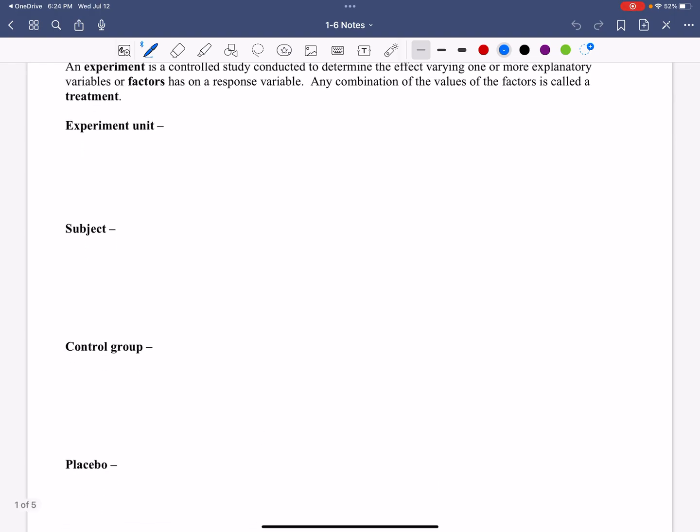So the first one that we're looking at is an experimental unit, a person, object, or some other well-defined item, to which the treatment is applied.